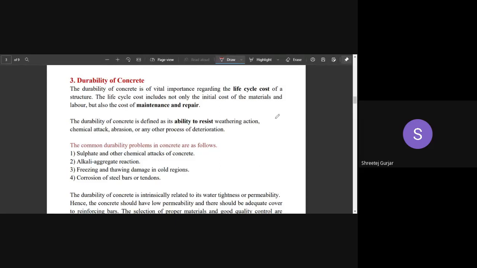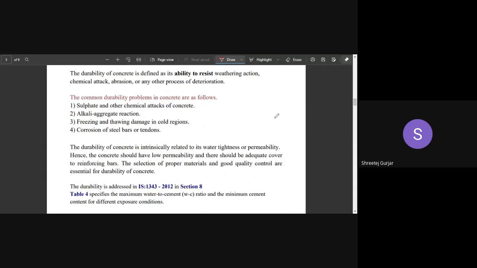So coming to your next point, the durability of concrete is intrinsically related to water tightness or permeability, right? Durability is directly related to its water tightness or permeability. So if your concrete is very watertight and non-permeable, if it does not allow any water or any other substance to get into the concrete, we call that concrete very durable, right?